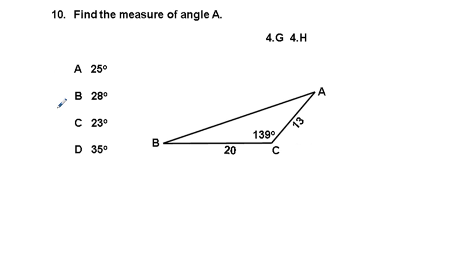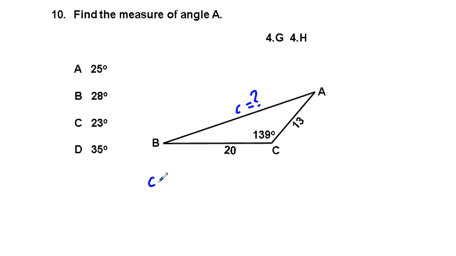Okay, find the measure of angle A. Well, again, we have this angle A opposite 20, but we don't have anything else opposite. So we're going to need to find this little c over here first.